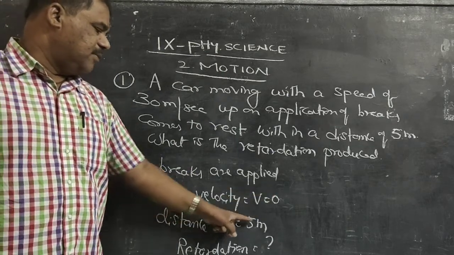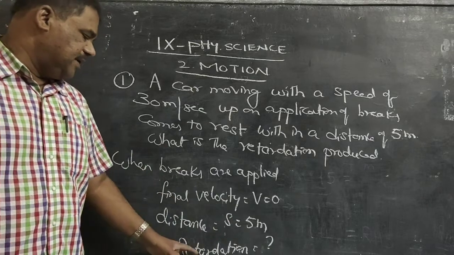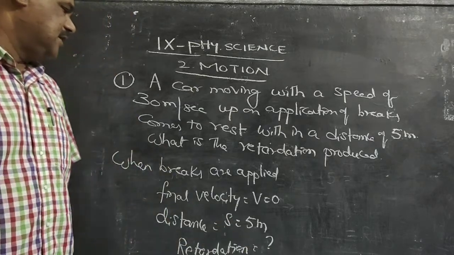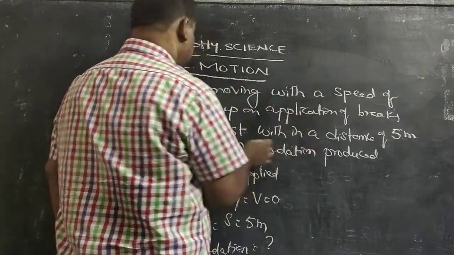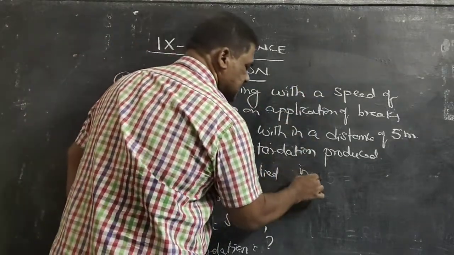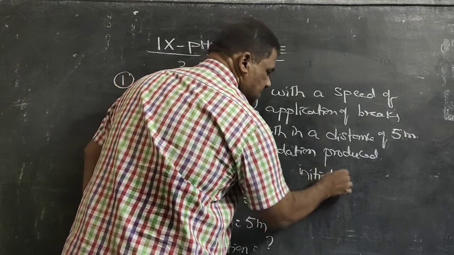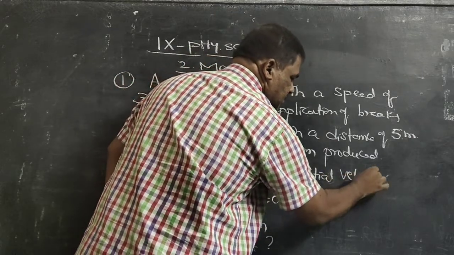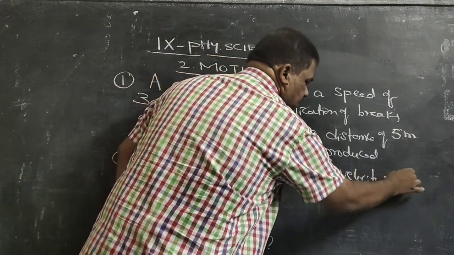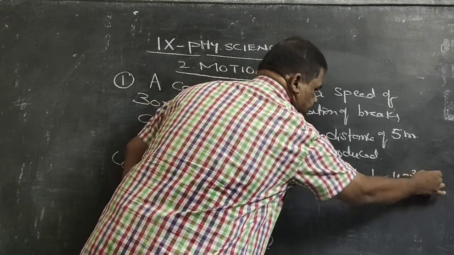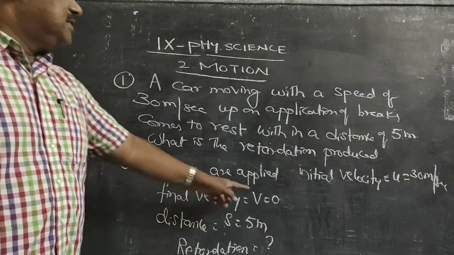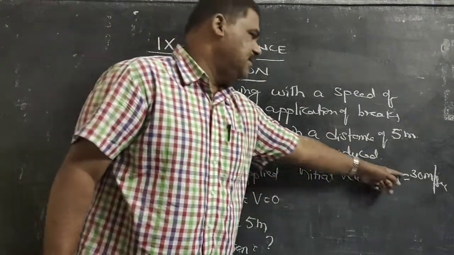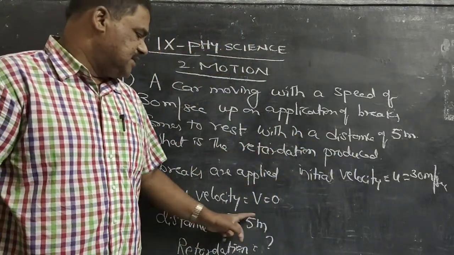Distance travelled by the body is s equal to 5 meters. Initial velocity is given as 30 meters per second.